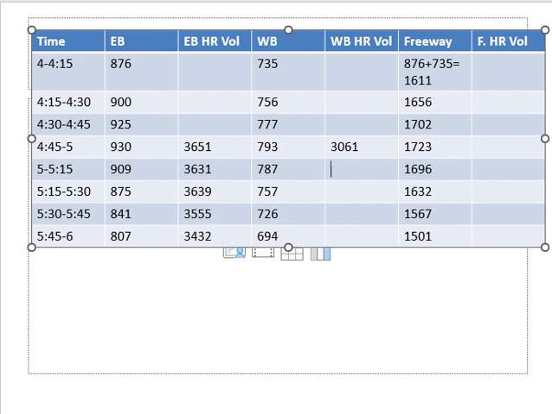Three double one, 311, three. Huh? 3114. This one.